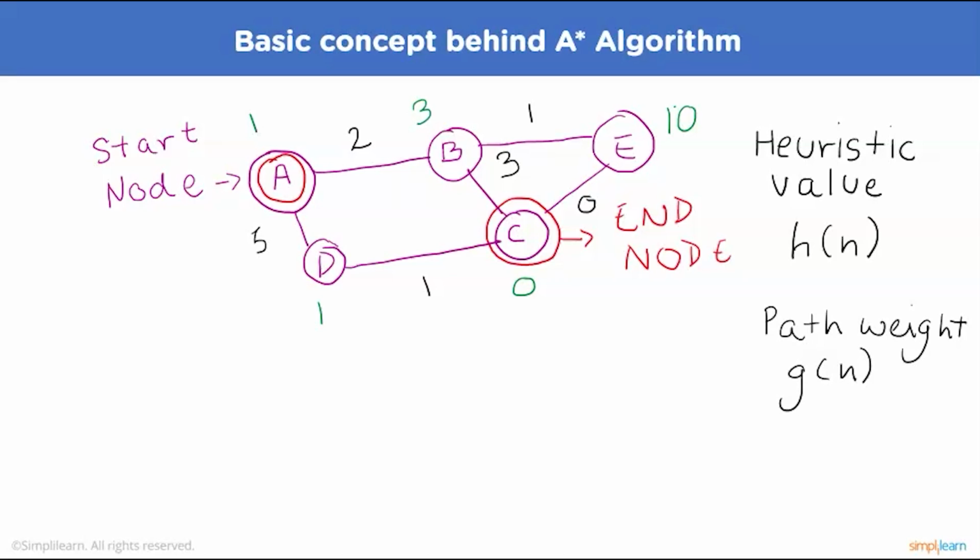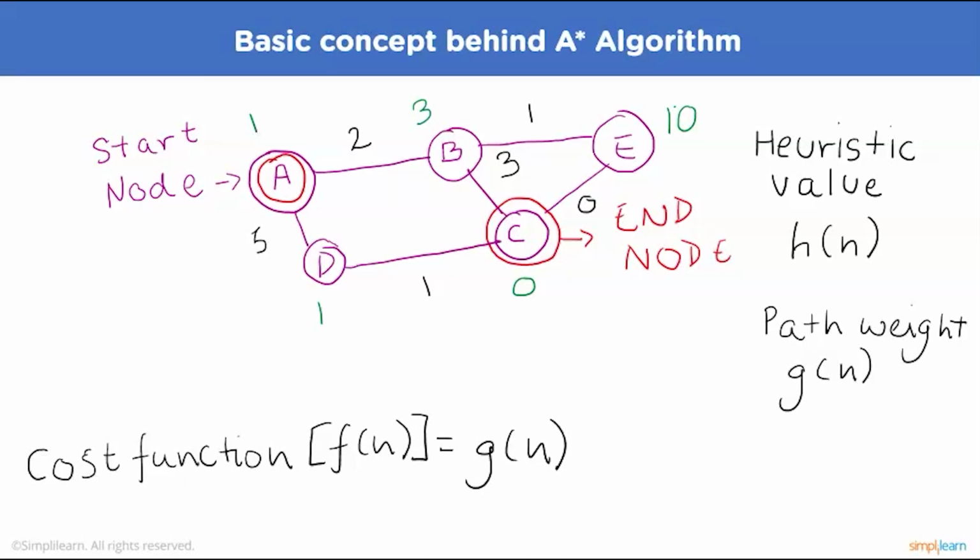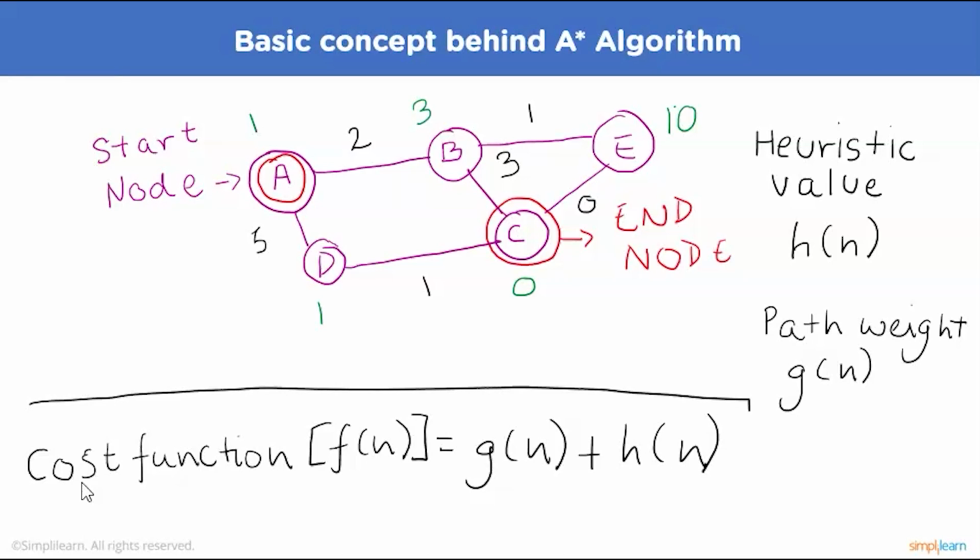So as you can see, when we're traversing from one node A to a node B, we're going to have to consider both of these values. So the cost function of a graph, or the total cost of taking a path, becomes the value of the path weight, which is given by the weighted graph, along with the heuristic value, which is assigned by the programmer or by you yourself. And this here is the basic function behind our A star algorithm. This is the formula that our A star algorithm works on.